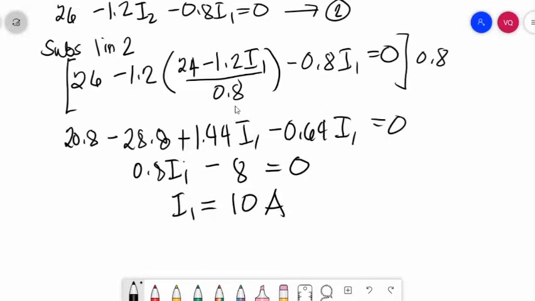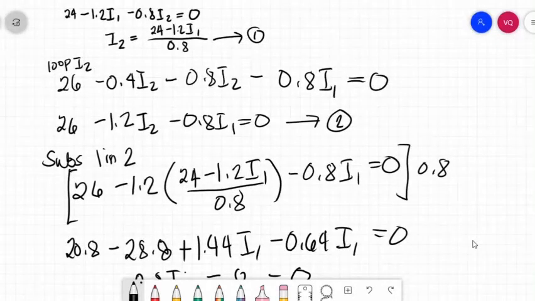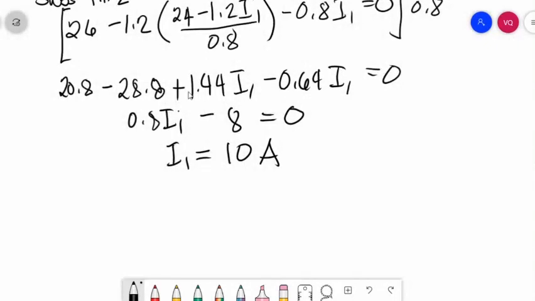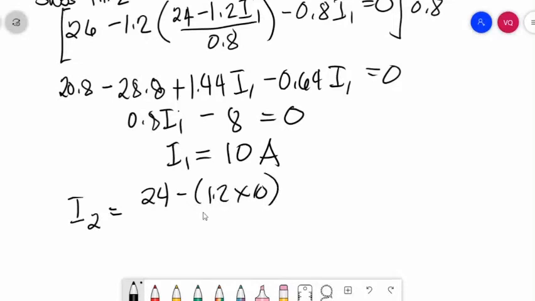Solving for loop current I2, we will just substitute it in equation 1. So, I2 is equal to 24 minus 1.2 times 10 divided by 0.8.